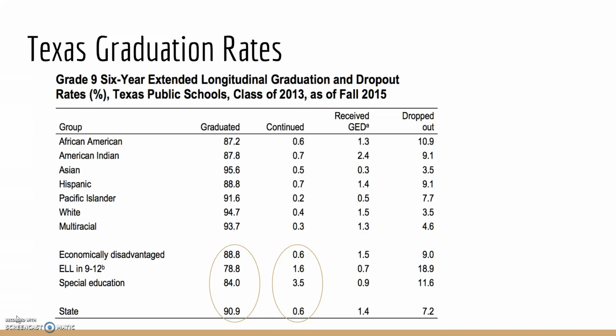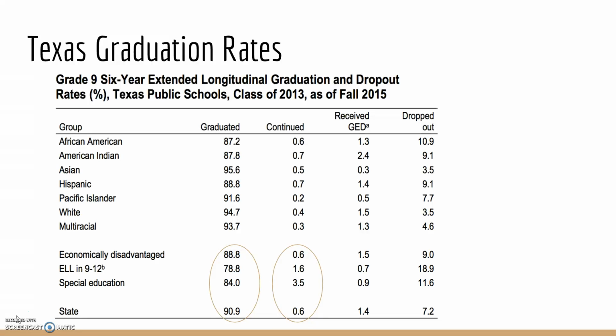Okay, so looking at the Texas graduation rates, all of these are going to be the longitudinal graduation and dropout rates. They're a 6-year extended, and so they're watching students even after those initial 4 years. So as far as the continuers and the dropout category, you're still looking at these students past that initial 4 years. This is the class of 2013, which kind of gets a little confusing.